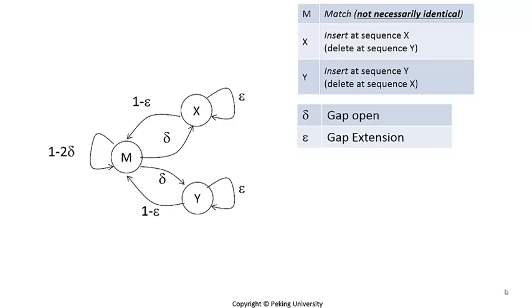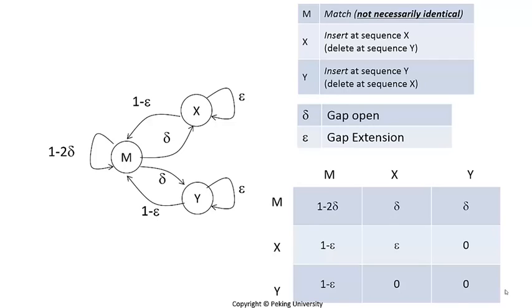Then, we can derive probabilities of any alignments by the multiplication theorem. For example, the states for the alignment in the previous example are X, M, M, Y. Then, the probability of this alignment can thus be worked out by multiplying the corresponding probabilities together.